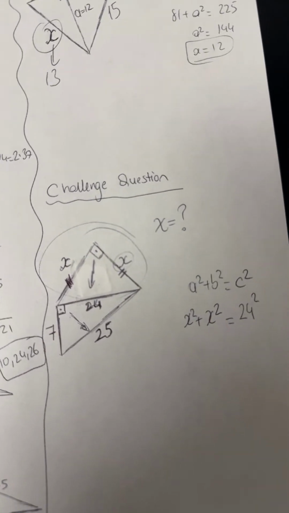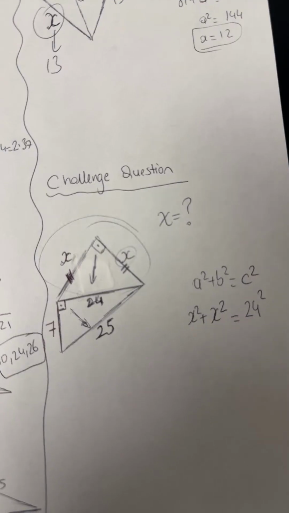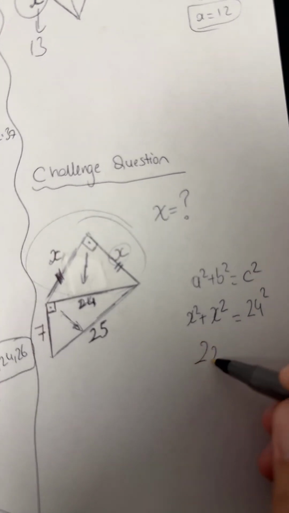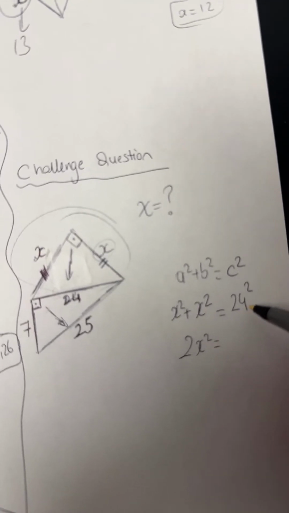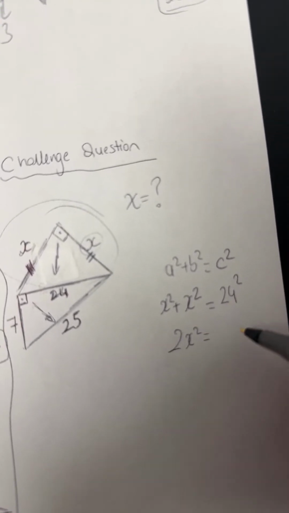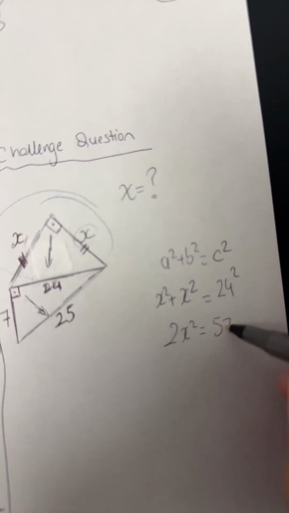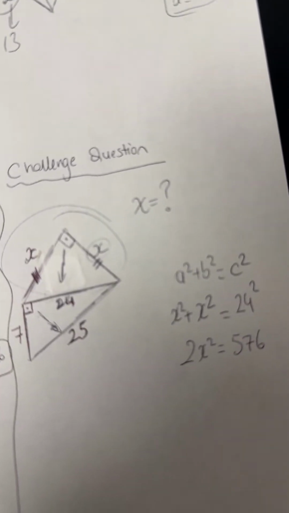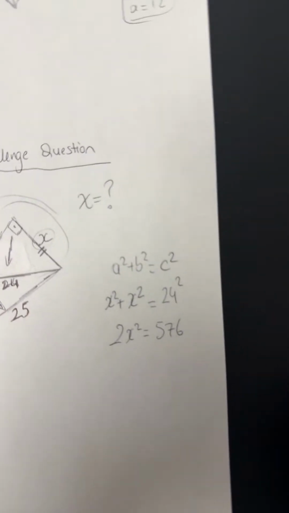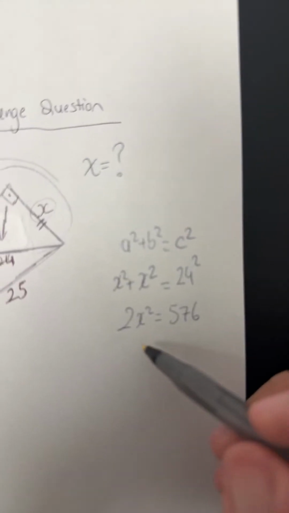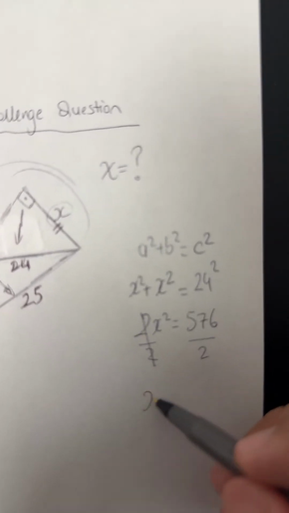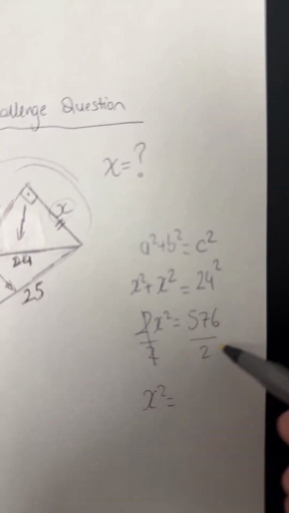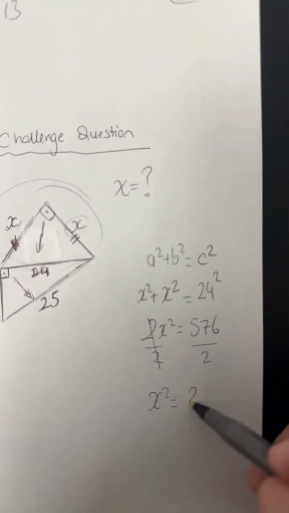It is 2x squared, equal to 24 squared. 24 times 24 is 576. I have to divide both sides by 2, so these two will cancel out. So x squared is equal to 576 divided by 2, which is 288.